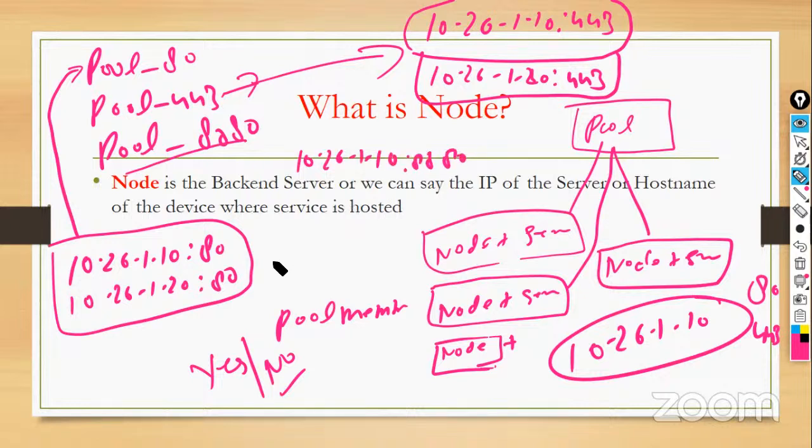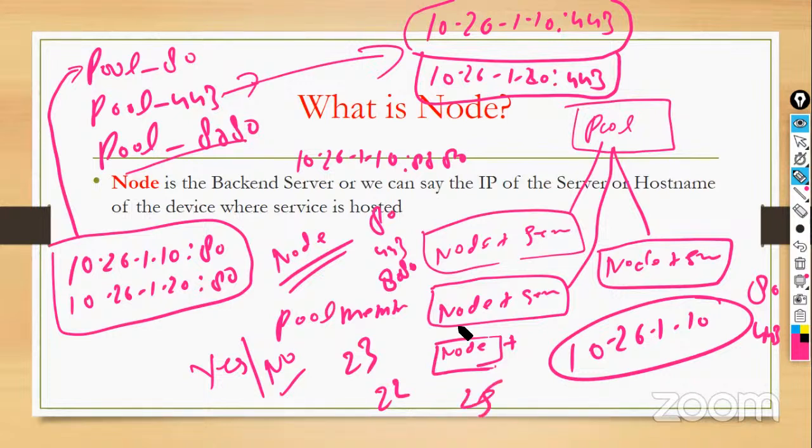So your one node can carry multiple services. It may be 80, it may be 443, it may be 8080 or whatever other service, 23, 22, 25, whatever service we have.